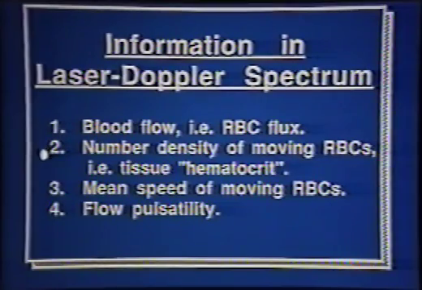And then the third fundamental parameter, of course, is the speed of the red blood cells in motion. Now, since the technique has a high frequency response and yields an essentially continuous measurement, it allows us to record rapid oscillations in blood flow as well. So there's a lot of useful information that we can obtain with modern laser-Doppler blood flow meters.